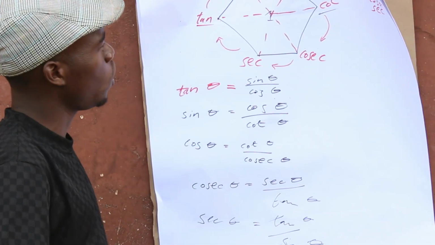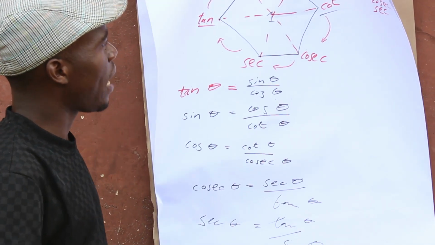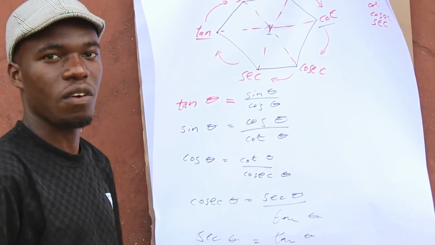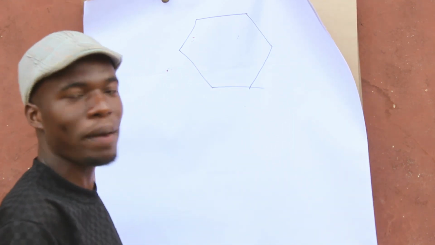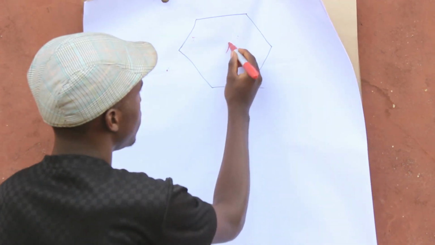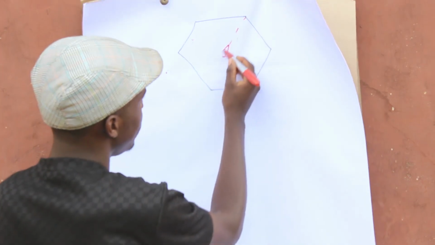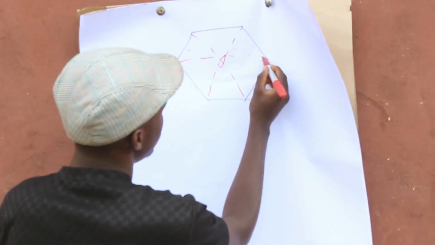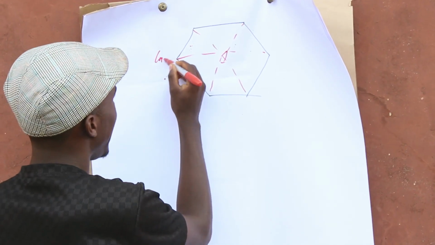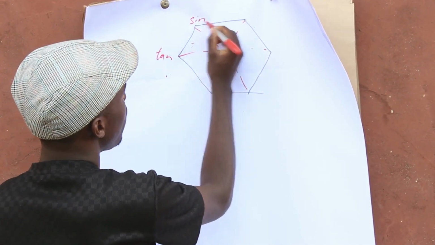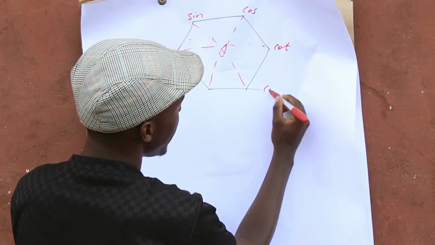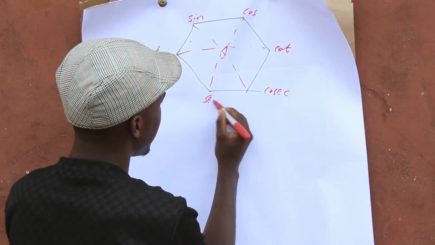Well, my friends, it doesn't end here. I shall also show you how to derive other trigonometric identities using the same super hexagon. You connect the vertices with a line, and the one at the middle, remember, you start with tan, sine, cos, cot, cosec, then sec.